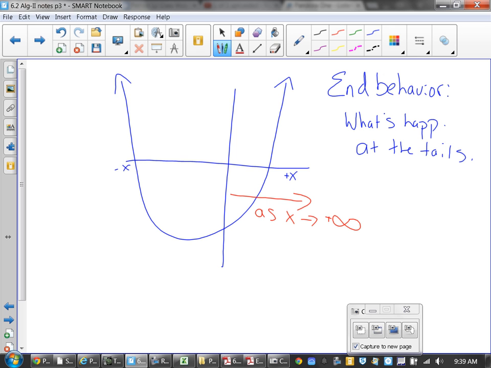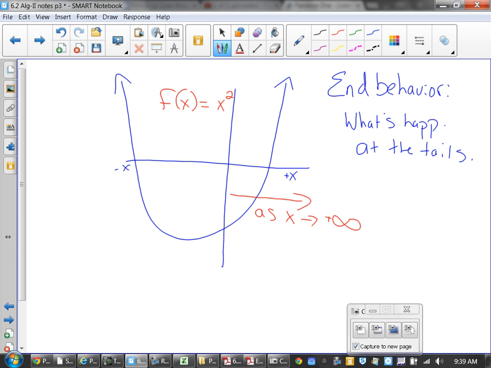as the values of x are getting larger and larger and larger, what's happening to this graph? What is f of x looking like? What is it approaching? Infinity. Our function here is f of x equals x squared. We kind of just determined that from the graph.